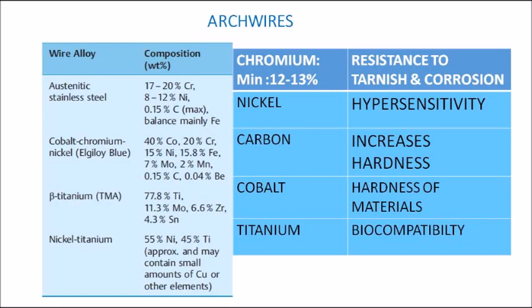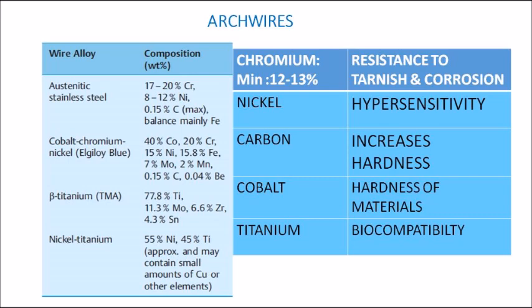So we have seen the mechanical properties of your elastic materials, especially your orthodontic archwires. Now we will see about the composition and how the materials influence the composition of an archwire. The most commonly used orthodontic archwire alloys are austenitic stainless steel, cobalt chromium nickel alloys, beta titanium archwires and nickel titanium archwires.